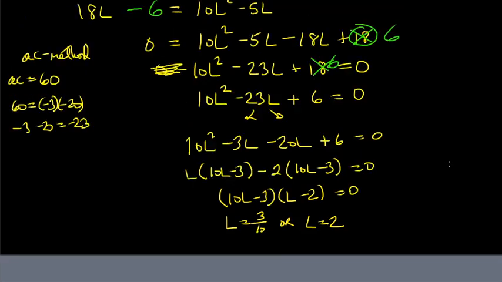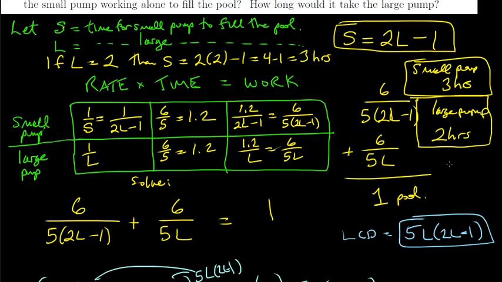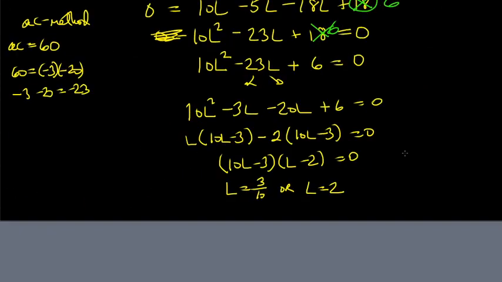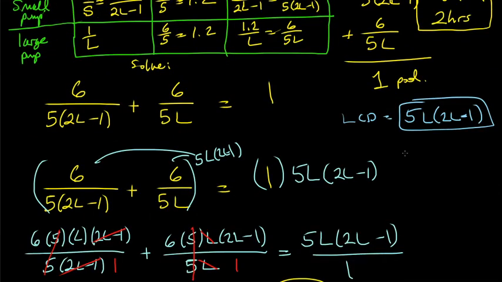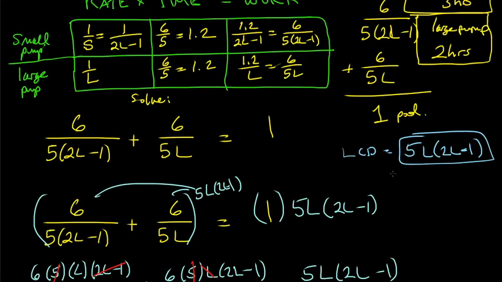Now, what about the 3/10 here? That's not going to make sense, right? And I'll show you why. Well, I have no room to do this, do I? All right, so L is equal to 3 over 10. So what would S be?